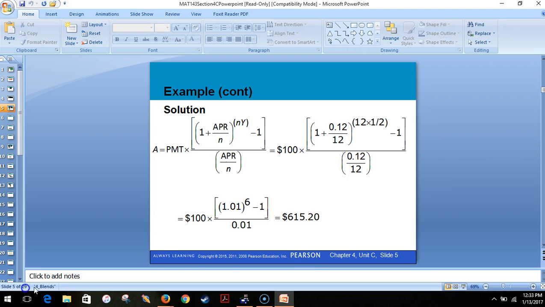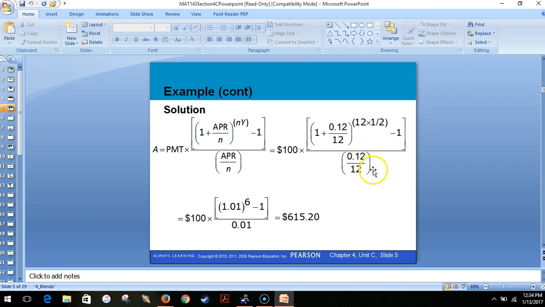So our payment every month would be $100. Our APR is 12. It's compounded monthly. Of course, we're only doing half of the year, so we can't put 6, because that would be 6 years. The Y will always be time in years. We need to subtract out the 1. If you've looked at APY, then this will be a familiar process.